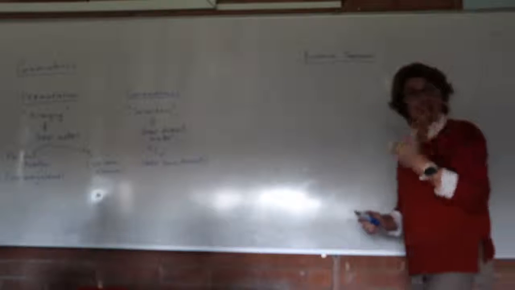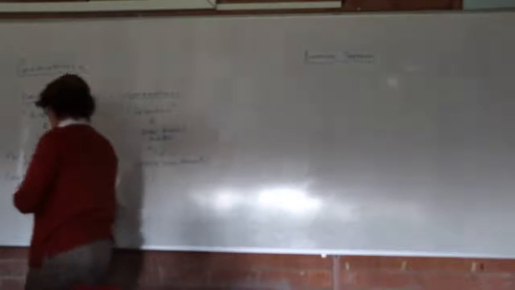So if there are repetitions, then you're going to have n factorial over p factorial, q factorial for all the different repetitions, right?